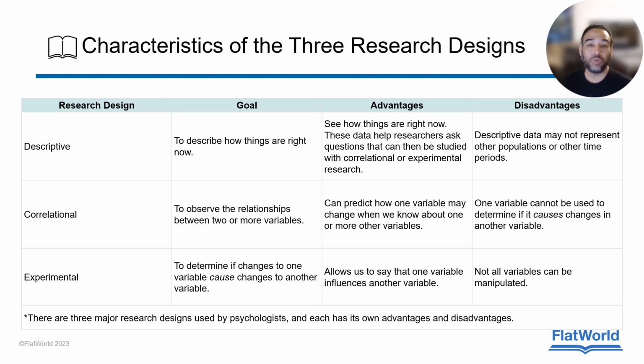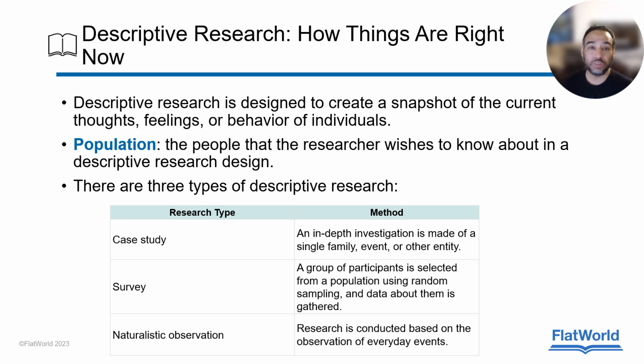And experimental research tests cause and effect relationships by manipulating variables and observing the outcomes. So descriptive research tells us what's happening, correlational research tells us if two things are related, and experimental research tells us if one thing causes another. That's a good summary. Hope that clarifies things.